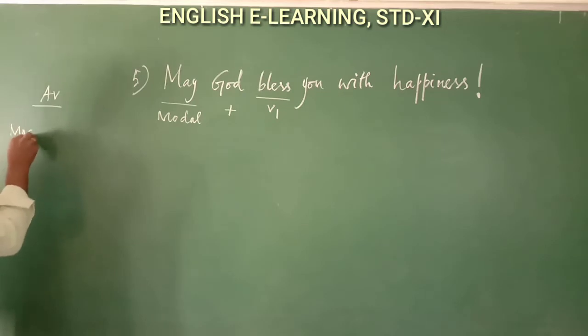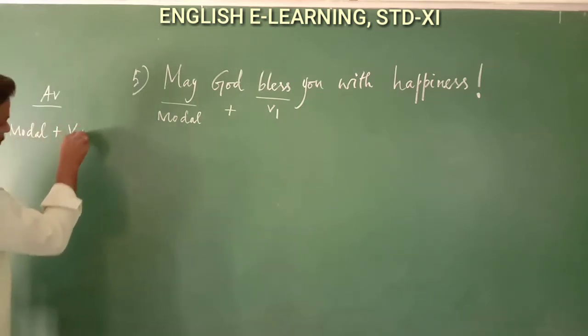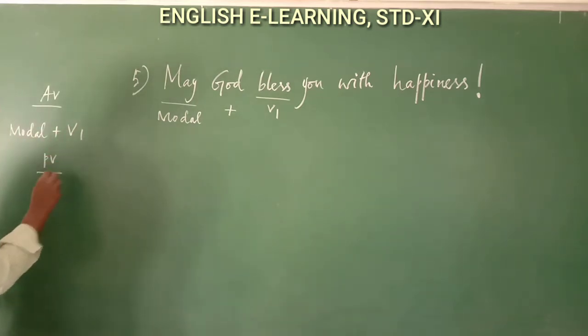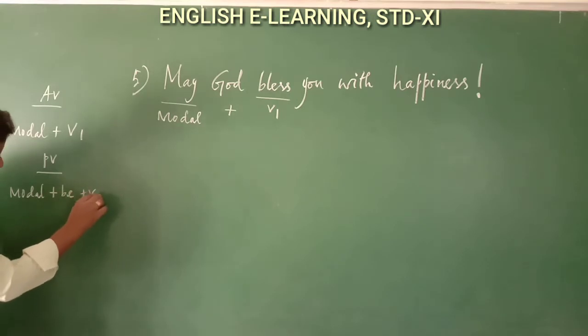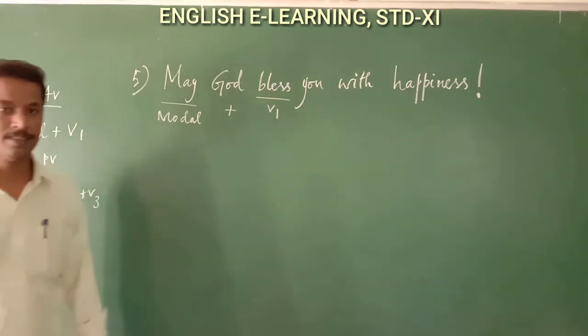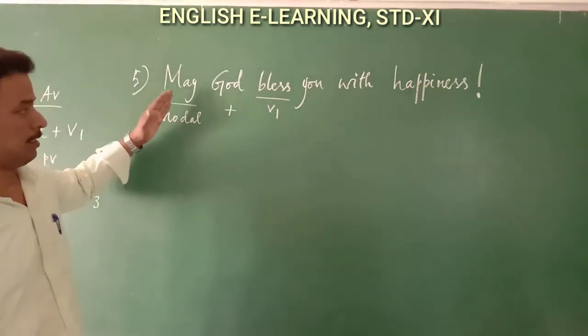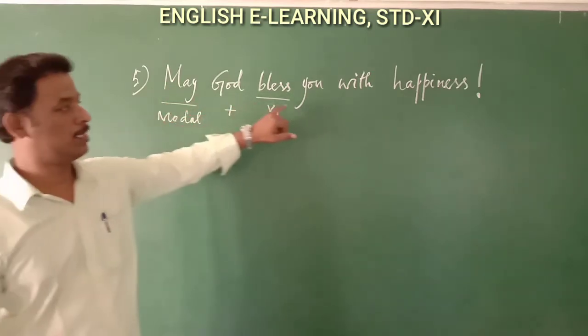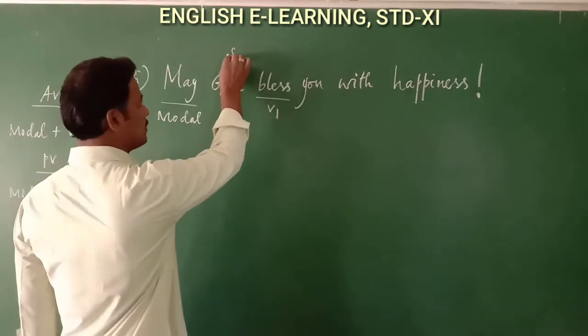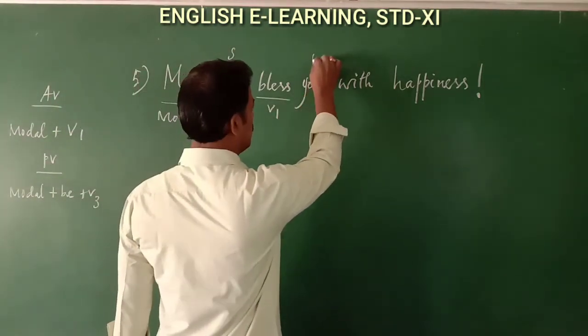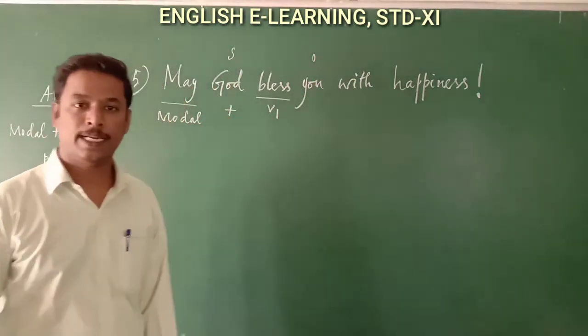If you have modal plus verb 1, in passive construction we have the rule like modal plus be plus verb 3. Isn't it? Okay. Look at the sentence. May God bless you with happiness. So God is the subject and you is an indirect object.